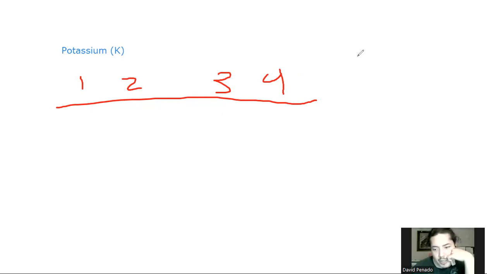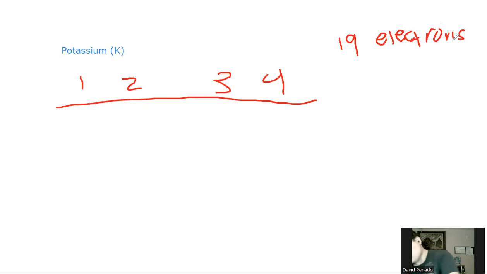If you guys want a little clue or help, maybe this will help. This element has 19 electrons. It's not 15.